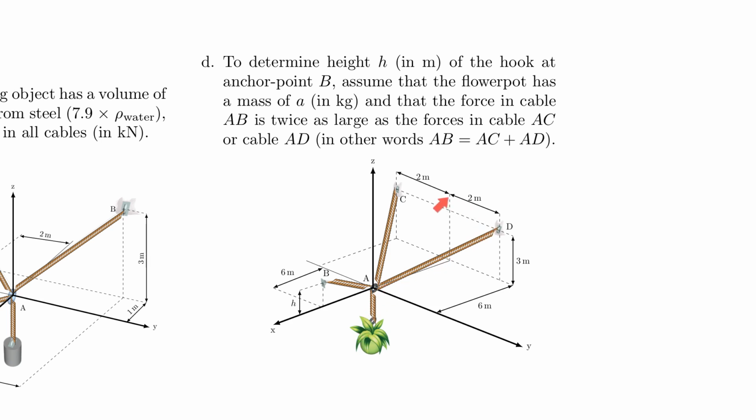So for example, you see that from this anchor point here, or from this 0 point, D is just as far away as C and is just as high and just as long. So I believe this will help you. And here you have to reverse your logic, because you have to define the anchor point, the height of the anchor point B. That means you have to use geometric logic to hook this hook to the wall.